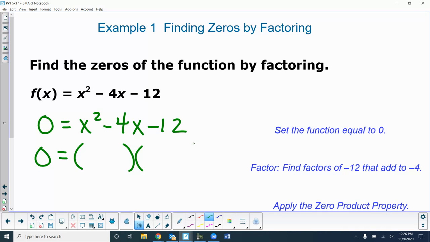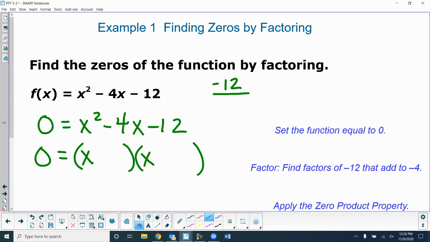When A is 1, you can go right ahead and make 2 sets of parentheses for 2 binomials. The only way to get x squared is what times what? X times x, right? So x goes in the front of both of these.